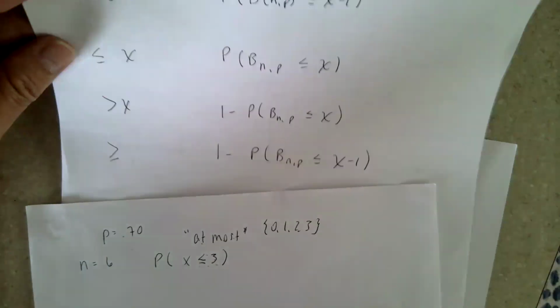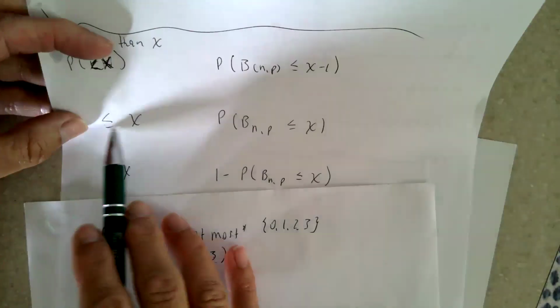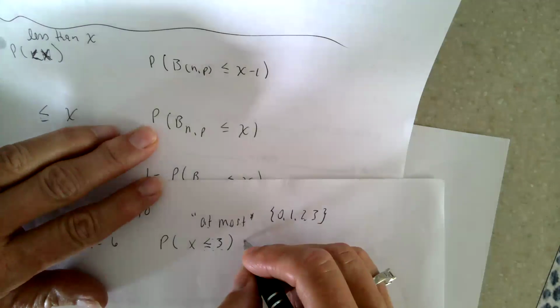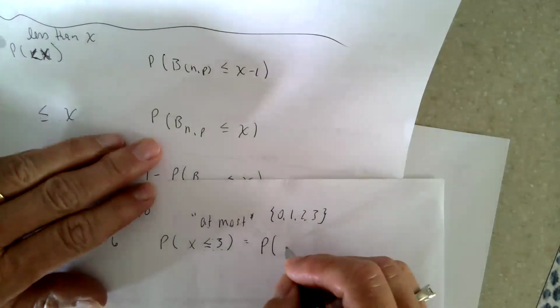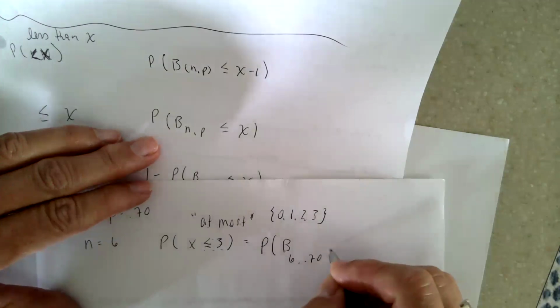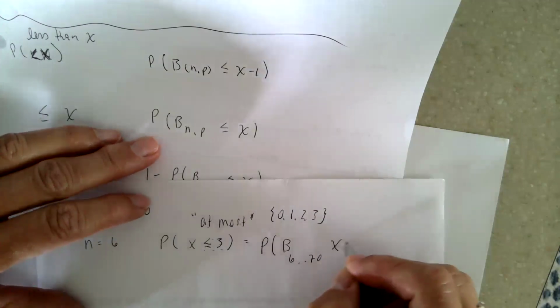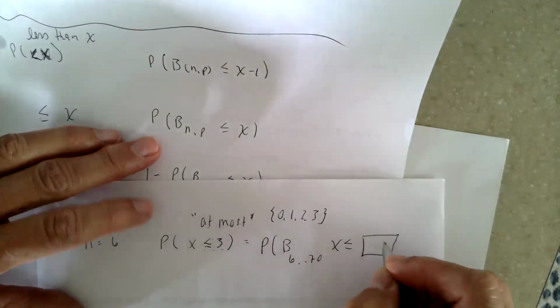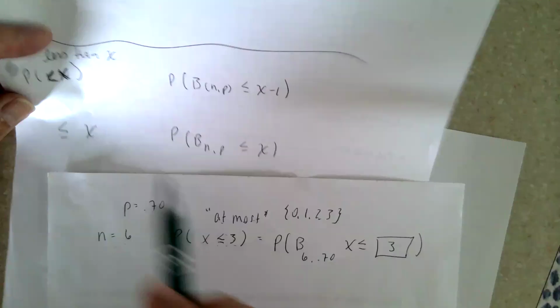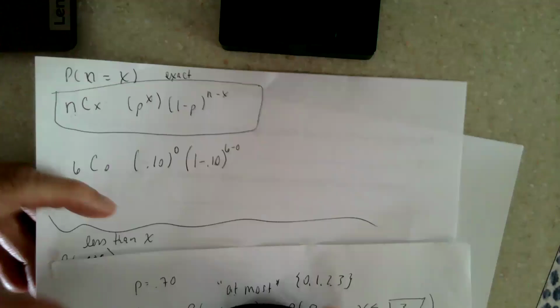So in that case, we are looking at this situation here, less than or equal to X. So we are going to use the probability of the binomial of 6, 0.7 and X less than or equal to, and we're going to insert 3 because it's less than or equal to 3.